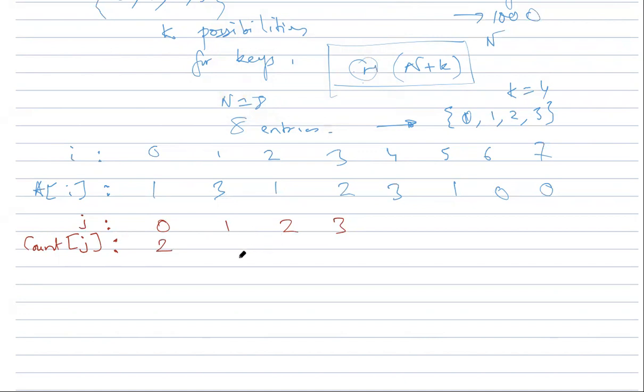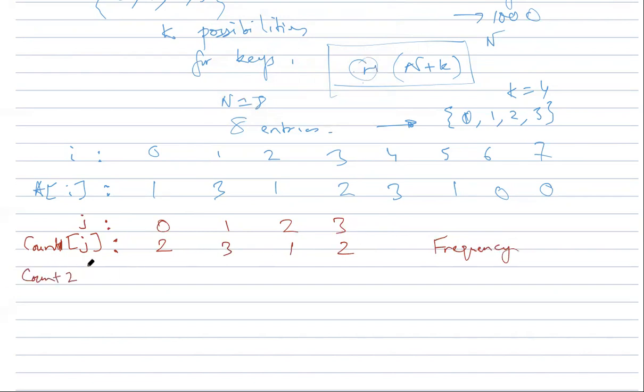How many ones are there? You have 3 ones. How many twos are there? You have only 1 two. And how many threes are there? We have 2 threes. So count 1, the first version of count, just captures the frequency of each of these possible entries.